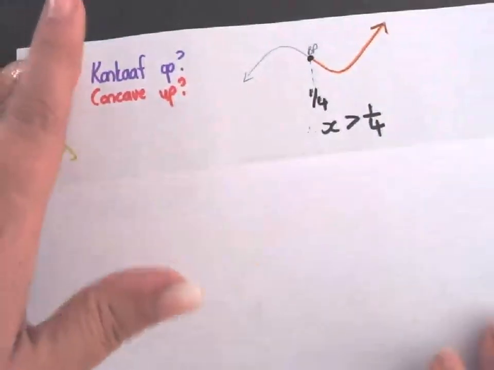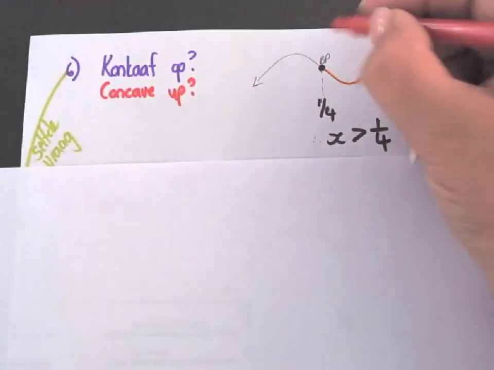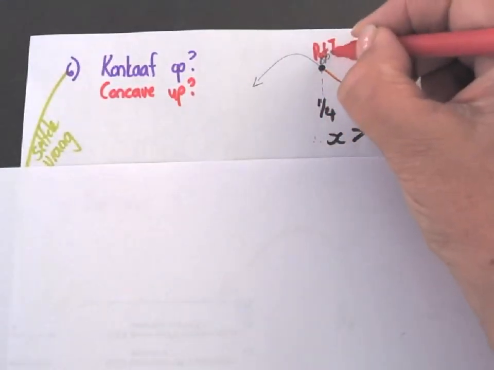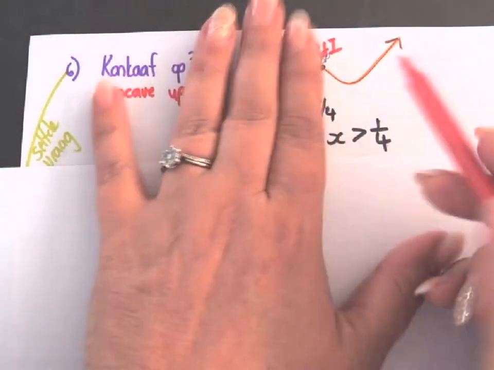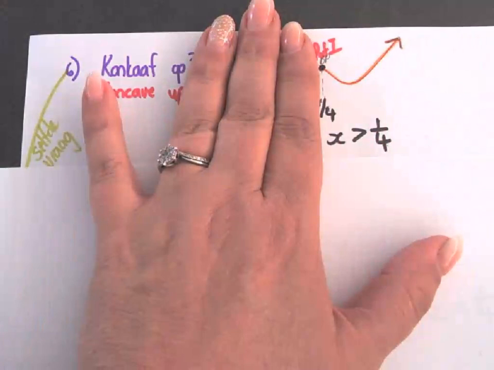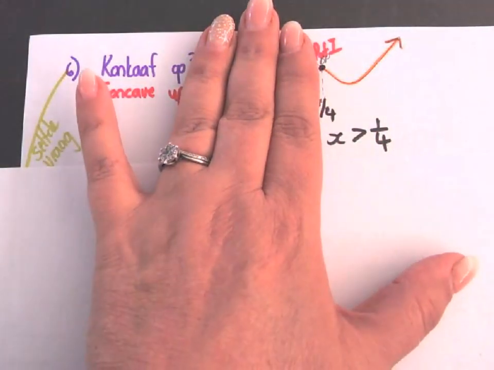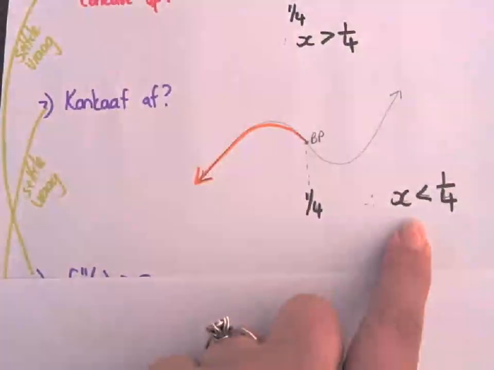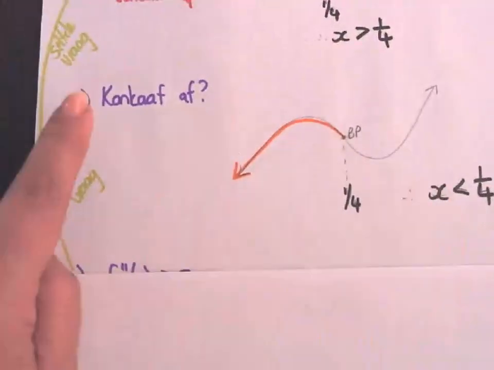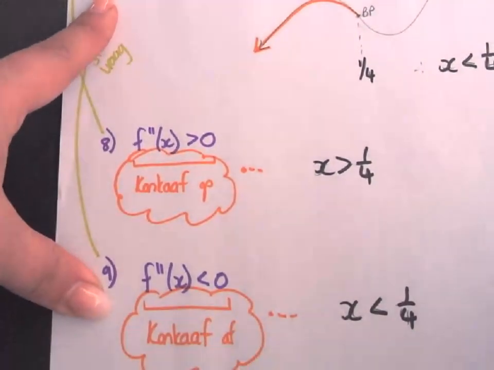Where is the graph concave up? I've just determined that the x value of the point of inflection is a quarter. So concave up will be after the quarter, so larger than a quarter. Concave down will therefore be smaller than a quarter. And question 7 and 9 ask the same thing.